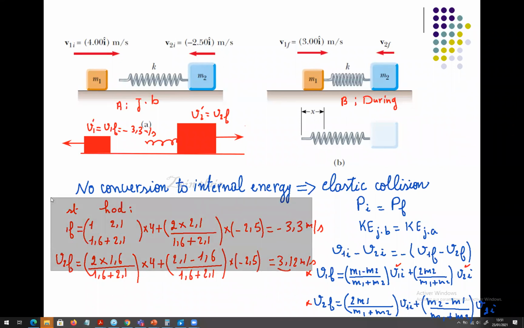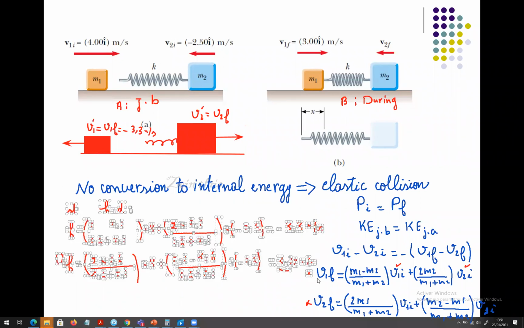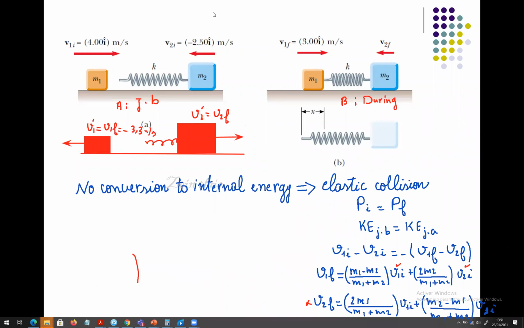Okay, let me use another method. I can take, for example, this one and this one: P initial equals P final. Excuse me, P initial equals P final. Initially, we have V1 and V2.